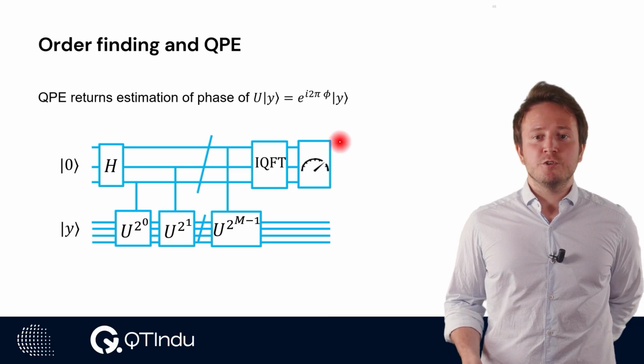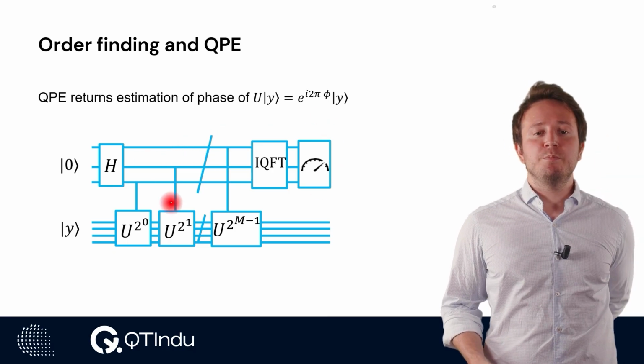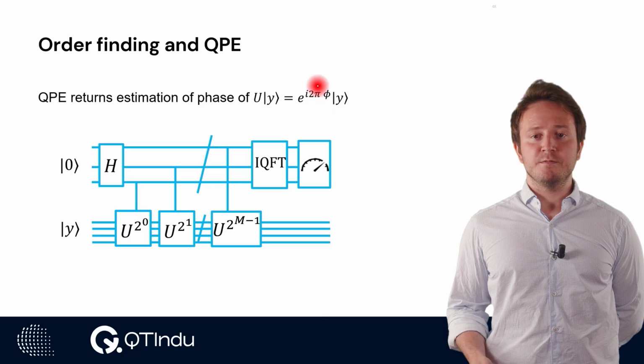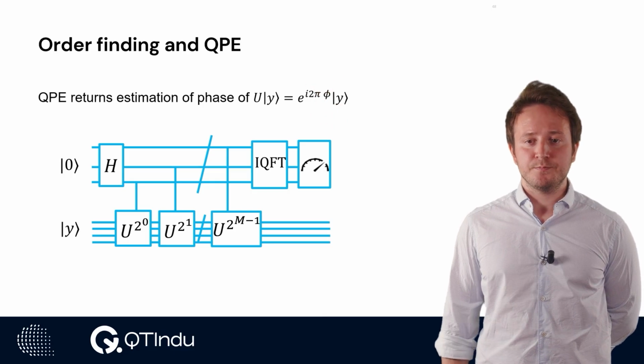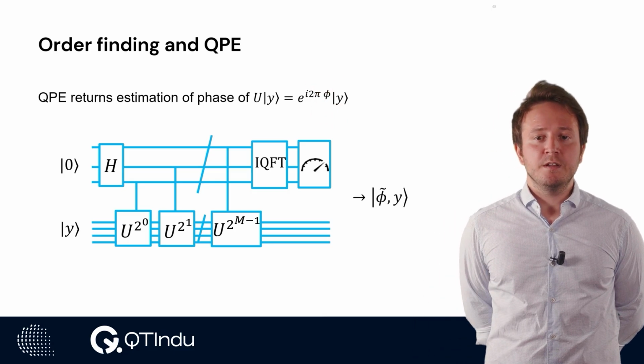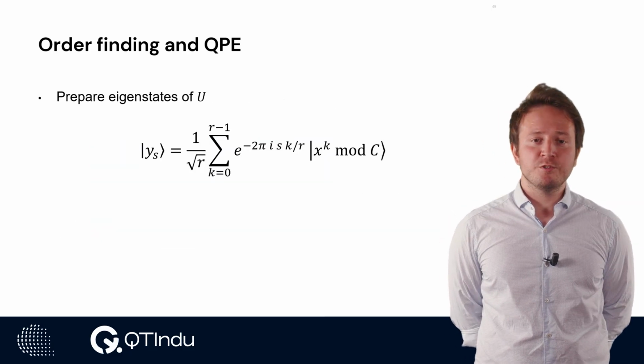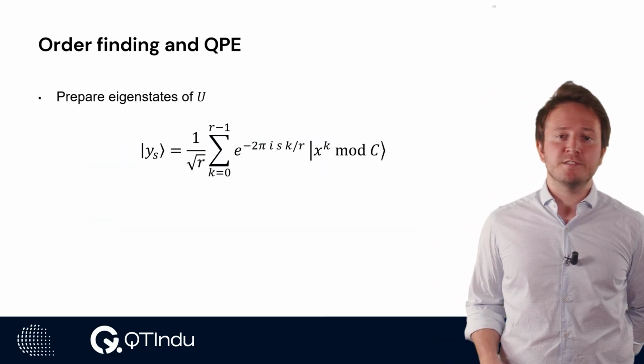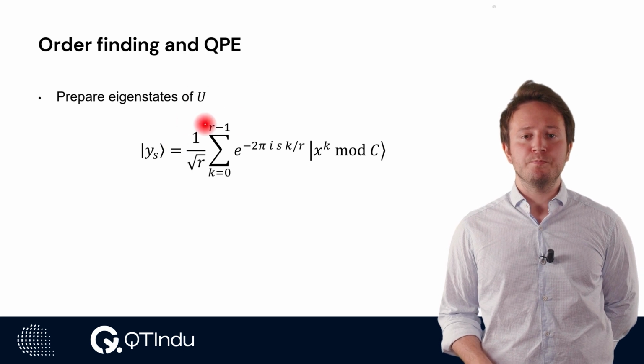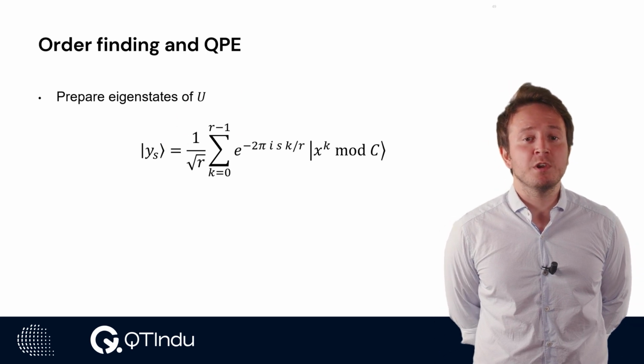In particular, it returns in the upper qubit register the phase phi, up to a precision of m bits. So we have assumed so far that we can prepare an eigenstate of the unitary U. So let's see how this eigenstate looks like.